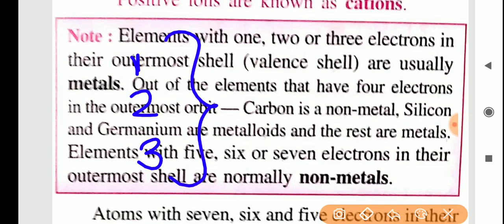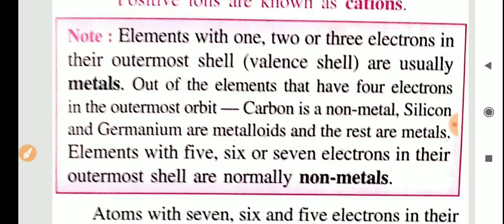So the atoms having 1, 2 or 3 electrons in their last shell will always lose electrons. The atoms which are always losing electrons are known as metals. Which metals are you taking? Sodium is a metal, aluminum is a metal, magnesium is a metal, calcium is a metal, iron is a metal, copper is a metal, gold is a metal. Why are they known as metals?